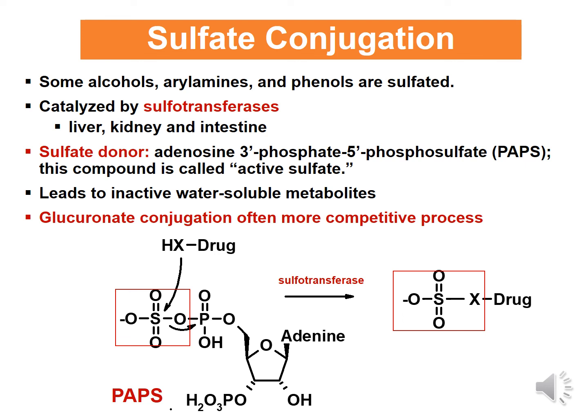The donor for sulfate conjugation is adenosine 3-phosphate 5-phosphosulfate, or active sulfate. Sulfate conjugation leads to inactive water-soluble metabolites, but glucuronide conjugation is often the more competitive process. You can see the sulfate conjugation here.